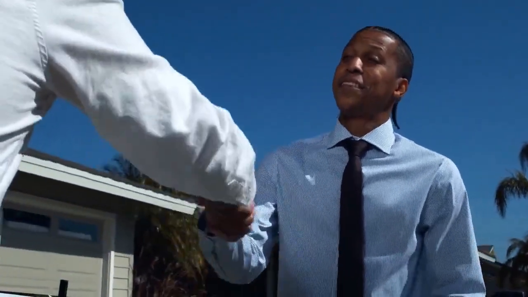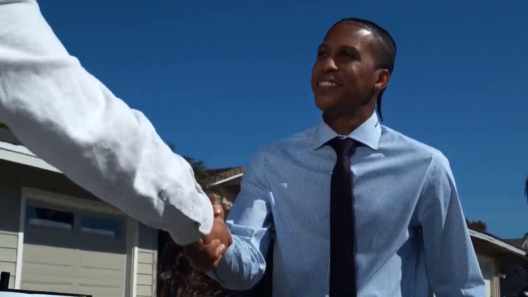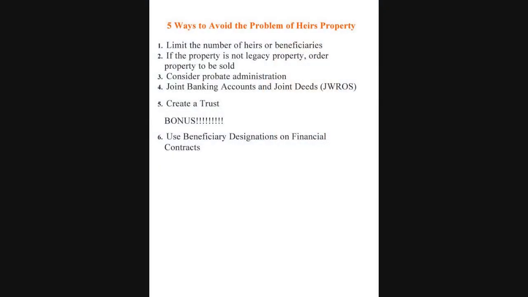Yes, it does. Now, I'm always going to add the extra because every time we say something escapes probate, we forget about the next level, which is that one person's estate is going to escape probate. However, the person who now owns the money in the bank has to do their planning to protect what they are receiving. So if they're going to put that money in an account, they need to create beneficiary designations on their account.